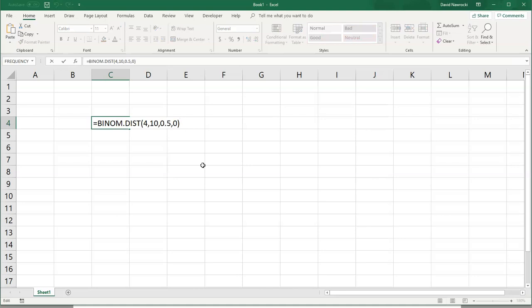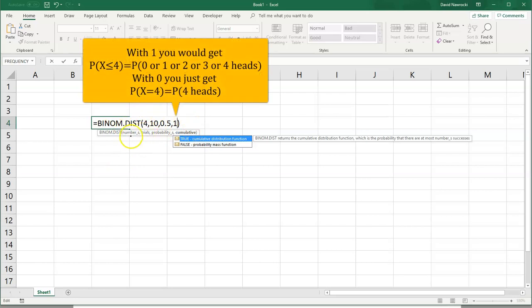Bring that equation back up there. You see this 0 right here. If we had changed that to a 1, then we would have had a cumulative probability distribution. What that means is that when I hit enter, it would give me back the probability of getting either 0 heads or 1 or 2 or 3 or 4.